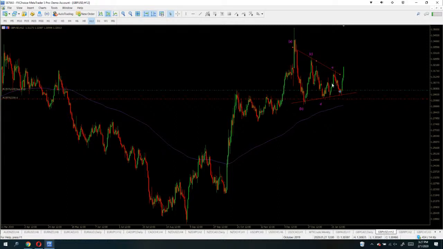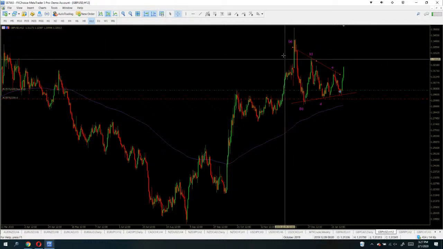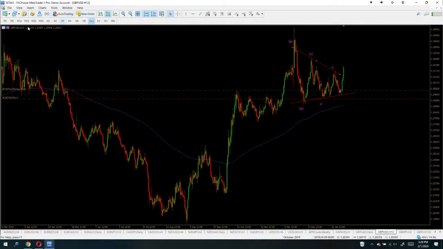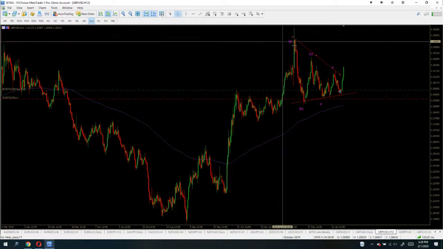Okay, and where's the forecast for this? Well, it's going to be about 490 pips from this low. So the general rule is the entire length of the wave A. Depending where you want to measure it, from this wick or from the body, we'll just be a little bit more conservative and measure it from the body.